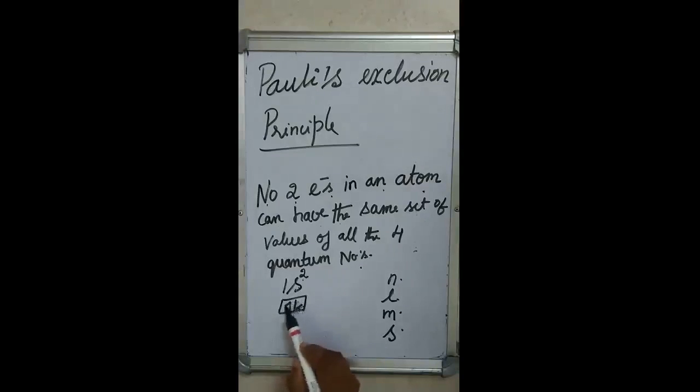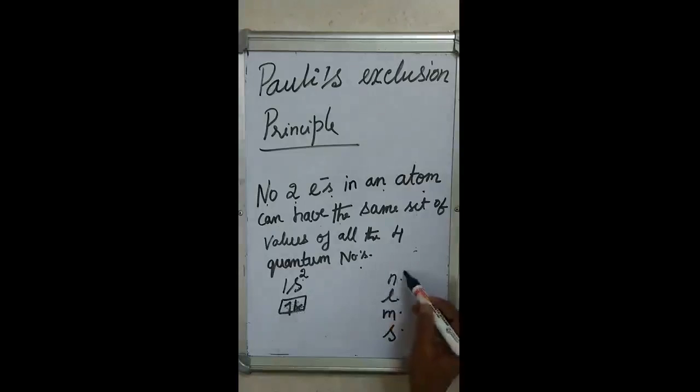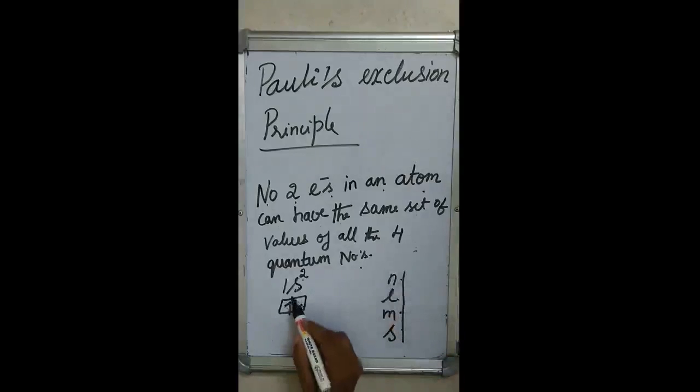Now for each electron, I am going to write the 4 quantum numbers. For this electron, n means the principal quantum number, and it is present in n is equal to 1. L means the subshell, and the s subshell is present, so L is 0.